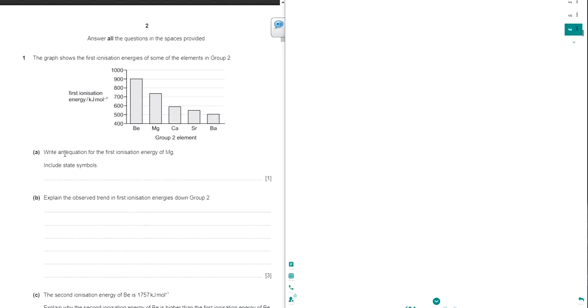Okay, let's see A. Write an equation for the first ionization energy of magnesium. So let's quickly recap the definition of ionization energy.